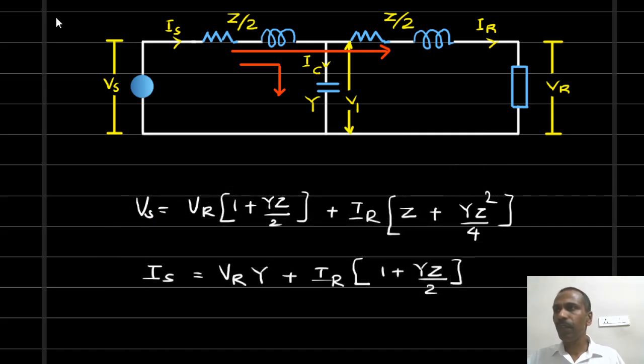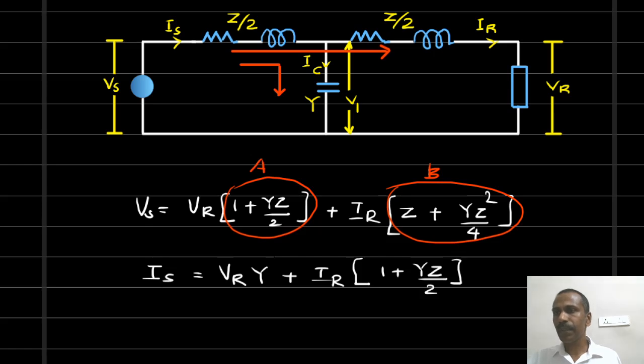The coefficient of VR in the first equation is the constant A. The coefficient of IR is B. When it comes to the second equation, the coefficient of VR is C. The coefficient of IR is D. So in general, we can write Vs is equal to A into VR plus B into IR.